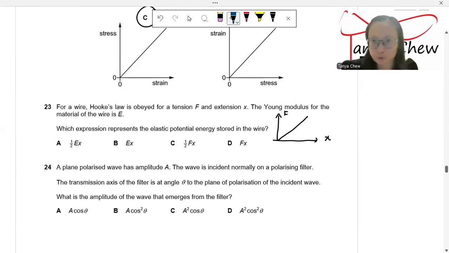From the graph, there are two pieces of information you could obtain. One is the gradient of the graph, which represents the spring constant, and the area under this graph represents the elastic potential energy. So the area is the area of a triangle, therefore elastic potential energy is half Fx, which is C.